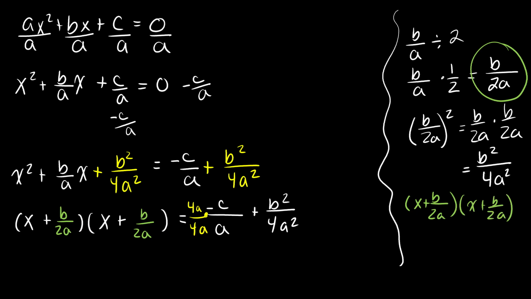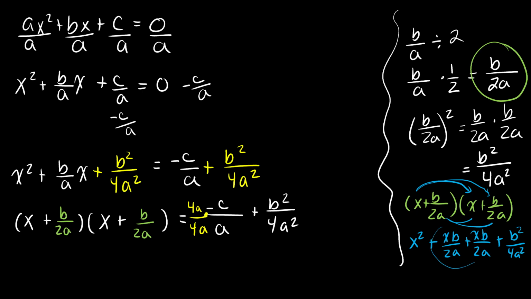Just to convince you that this is indeed an okay thing to do, x times x will give me x squared. X times b over 2a would be x times b over 2a, and then you're going to get that again, x times b over 2a, and then that last part is the squaring part, so that's going to give you b squared over the 4a squared.